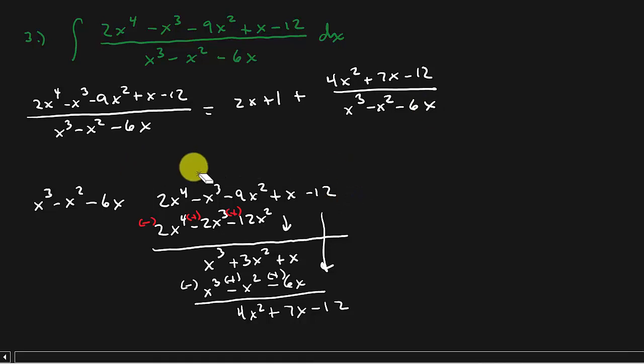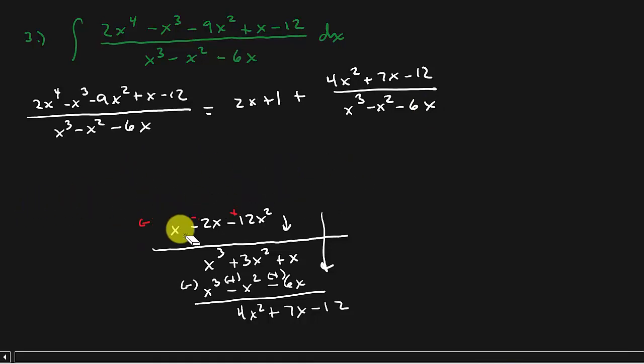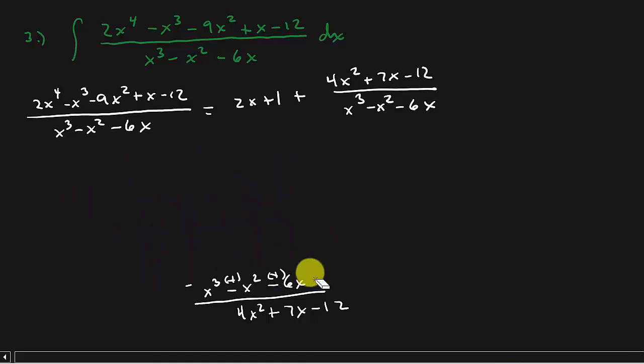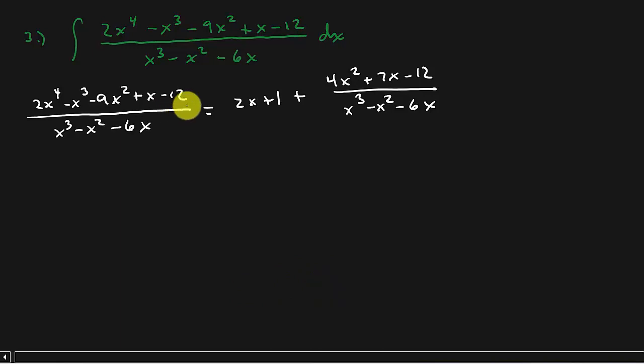So I'm going to erase this, so we'll have more room. Now, remember, what we have to do is integrate this thing. Well, I already know how to integrate 2x and 1. I don't know how to integrate this, so I'm going to have to use partial fractions on the remainder.